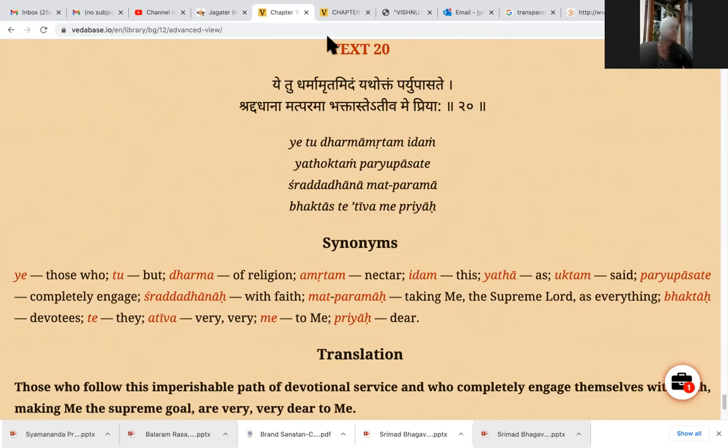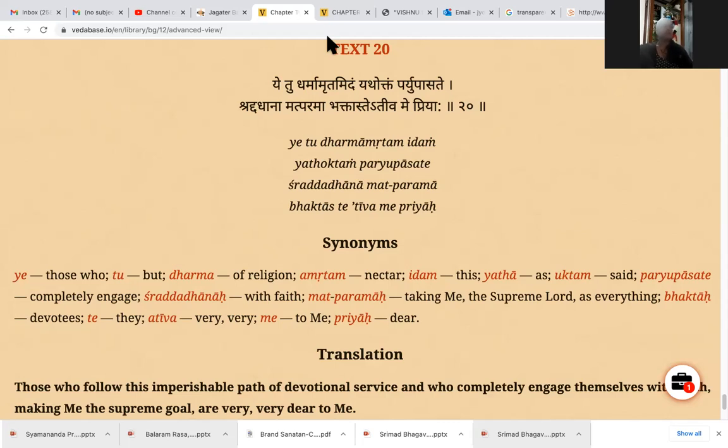Tu is a word indicating but I'm not sure how it fits in the translation. Let's just consider it as a word that is there to maintain the grammatical correctness of the line that the Lord has spoken.